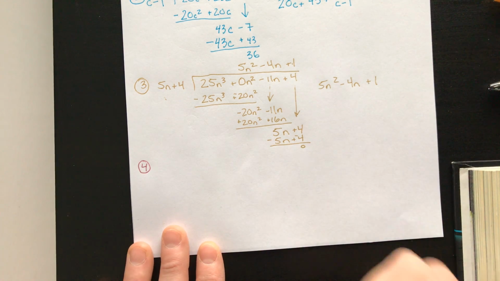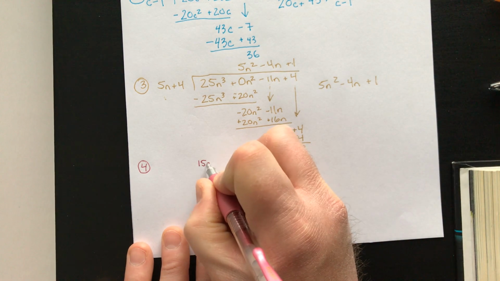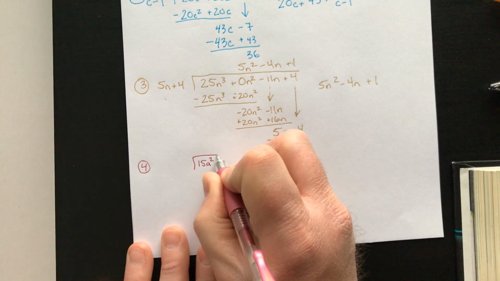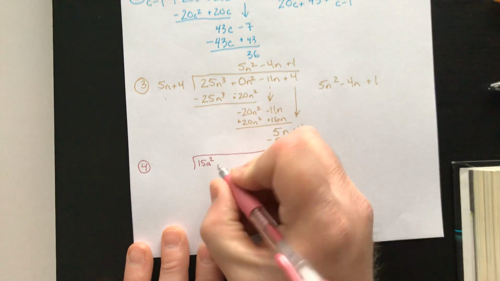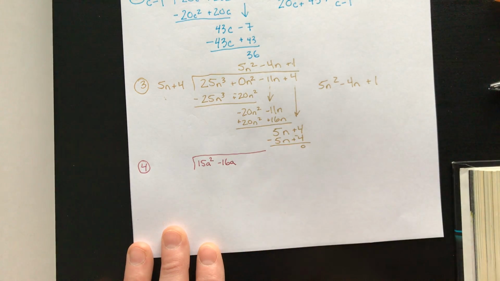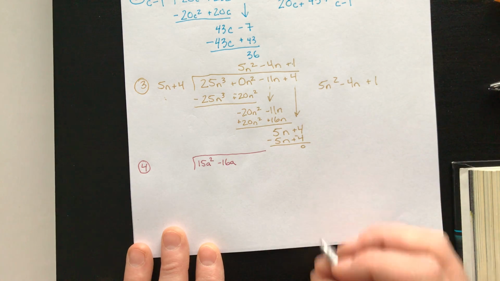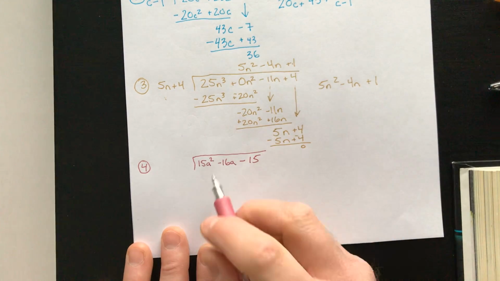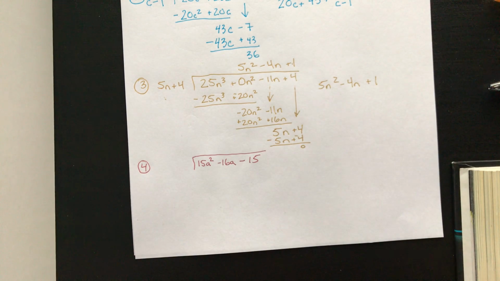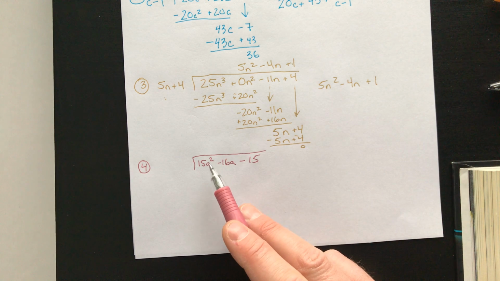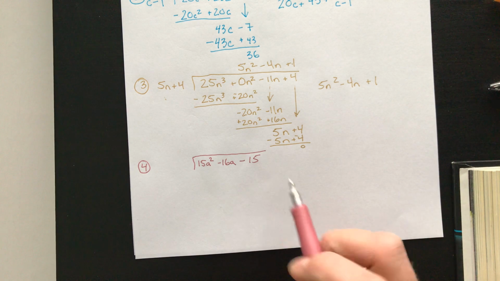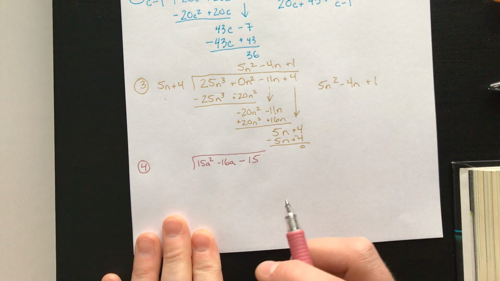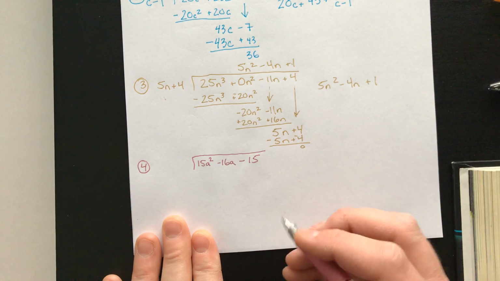So 15a squared minus 16a minus 15. Remember, when you write this, make sure you're writing it in standard form. The problem had the negative 16a first. We don't want that. We want the squared term first. Remember, standard form, your exponents decrease from left to right. All right? And we're dividing by, they told us 3 plus 5a. I'm going to write 5a plus 3.